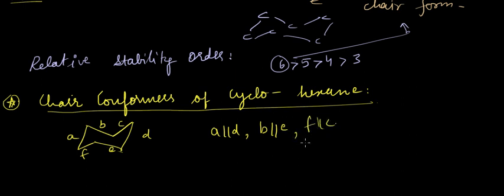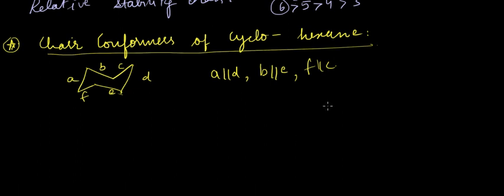Okay, so let us talk about the axial and equatorial bonds in case of chair form of cyclohexane. So this is the ring we have. In this we have 2 hydrogen atoms attached to each of the carbon atoms.